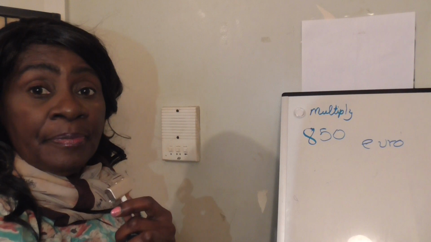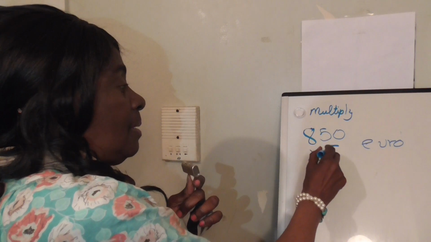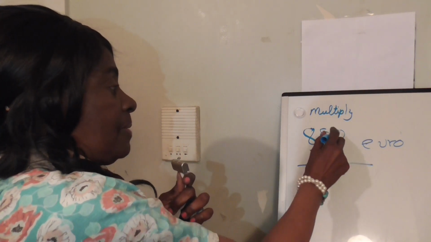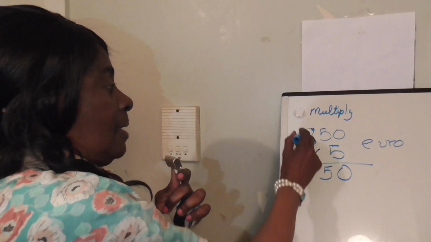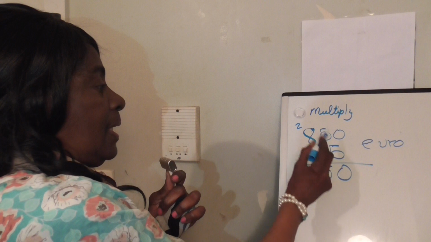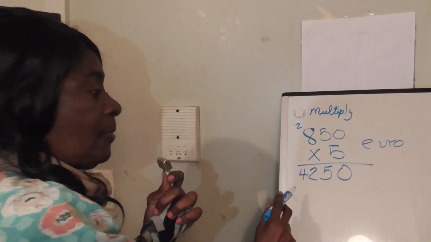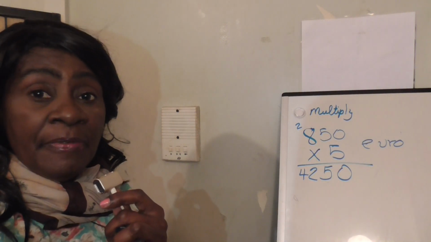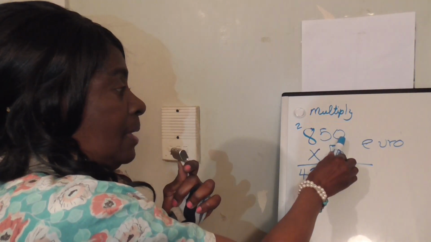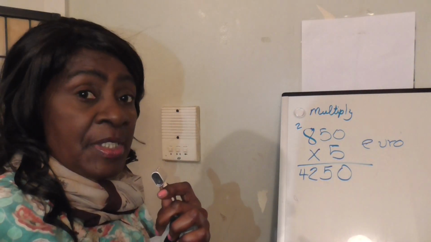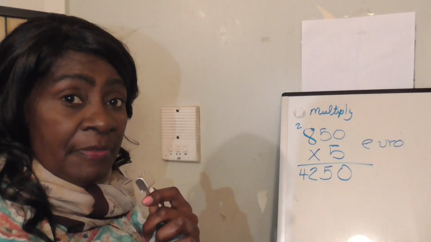How many do we have altogether? 5 times 0 is 0. 5 times 5 is 25, so we put the 5 and carry the 2. 8 times 5 is 40, with the 2, we will have 4,250 euros. This is multiplying with the hundreds column, the tens column, and the ones column. 850 times 5 is a total of 4,250.